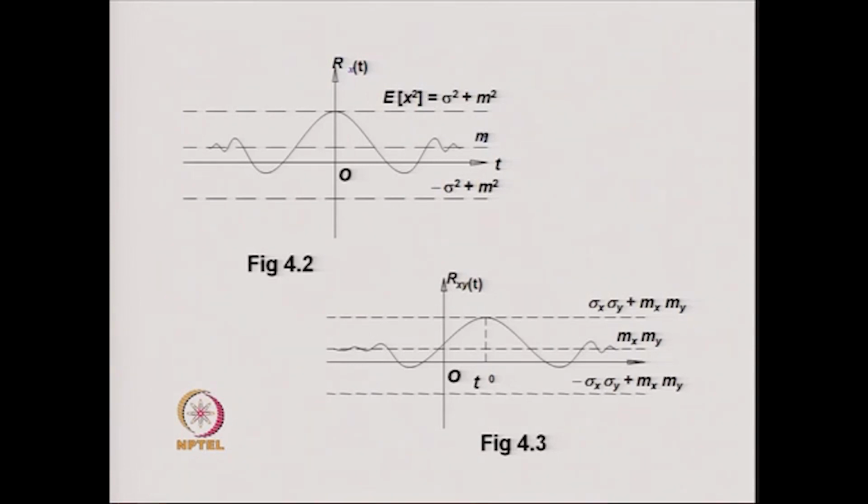Similarly, we can see the variation of Rxy(tau) with tau in figure 4.3.